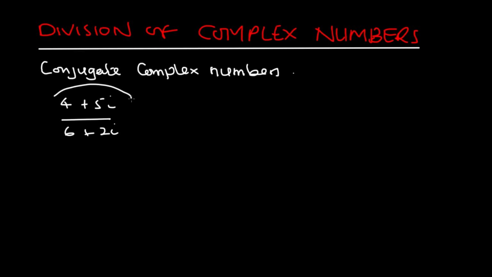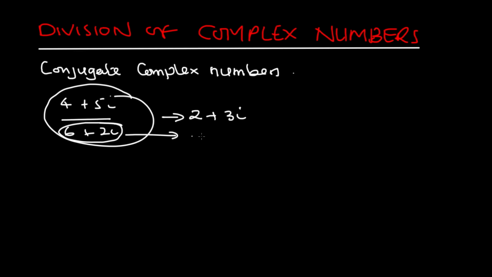There's nothing that I can do with these numbers to get another complex number. For example, I can't get something like 2 plus 3i, just like that. So what you do is try to rationalize this part.